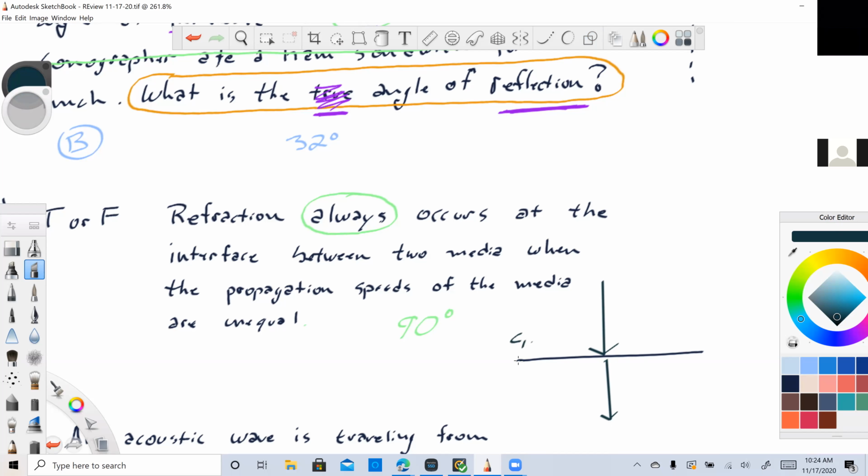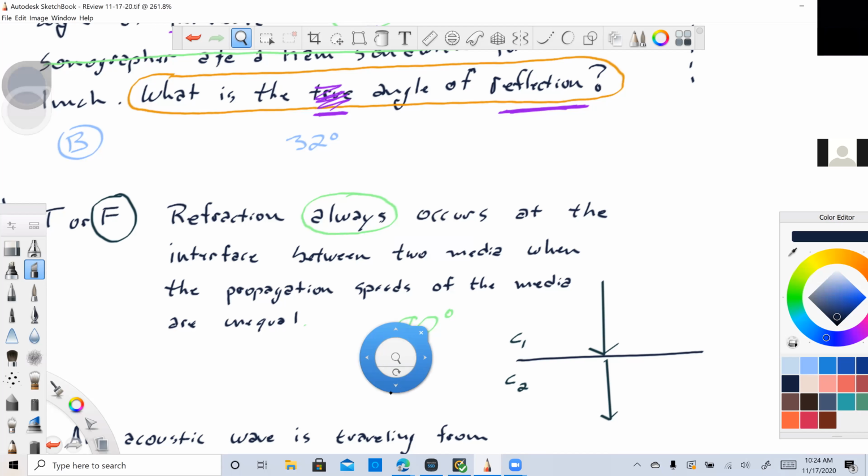Even though C1 and C2 are not equal, you still will not have refraction at the normal. So, false. Stinkers. Gotta watch out for those.